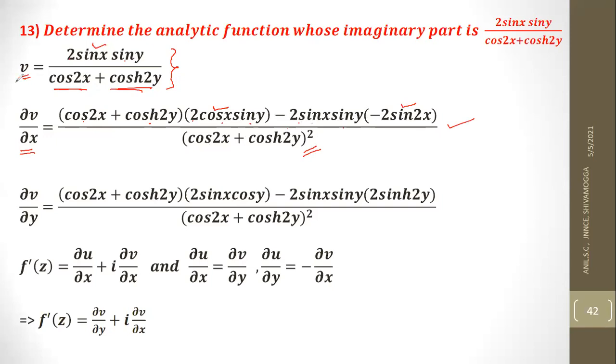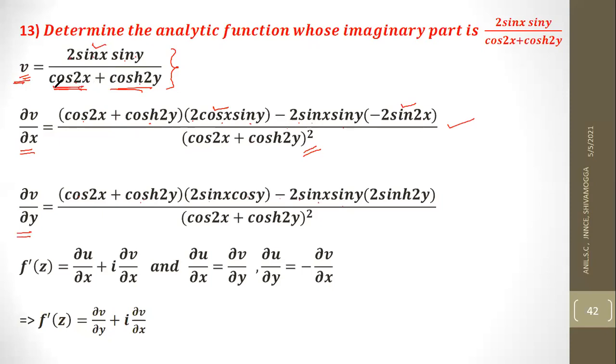Now we differentiate the same function with respect to y partially using quotient rule. It is denoted by del v by del y. Denominator, that is cos 2x plus cos hyperbolic 2y, into derivative of the numerator. 2 sin x is a constant, keep it as it is. Derivative of sin y is cos y, minus numerator 2 sin x into sin y into derivative of the denominator.